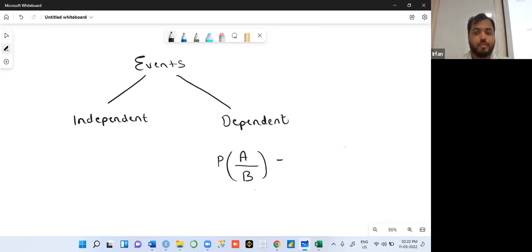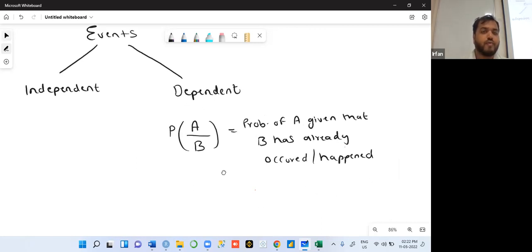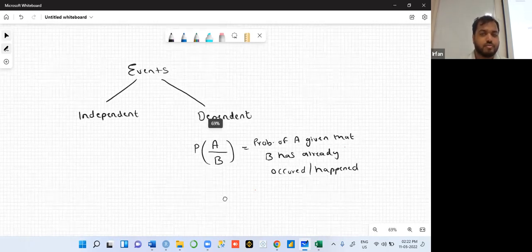Probability of A given that B has already occurred, or you can say happened. Okay. This is a definition, way of reading A/B.